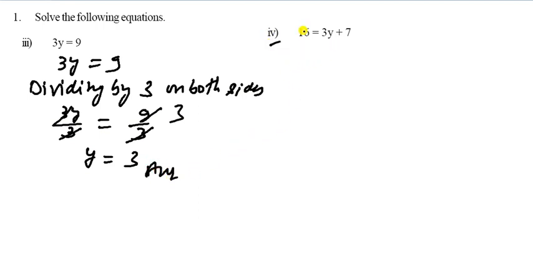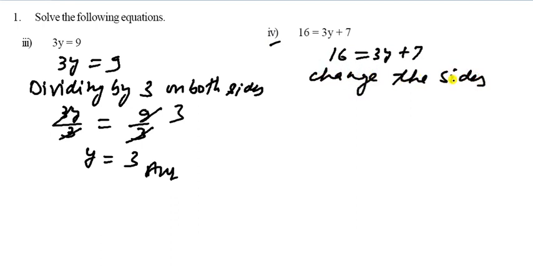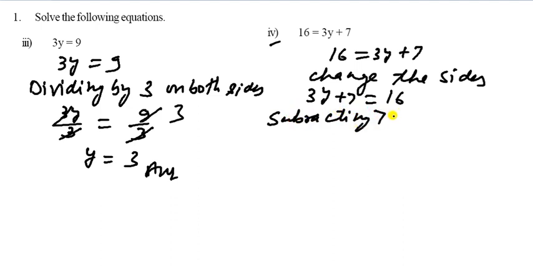Now fourth part. In the fourth part there is 16 is equal to 3y plus 7. First of all, change the side. So what will happen? 3y plus 7 equal to 16. Now subtracting 7 on both sides.